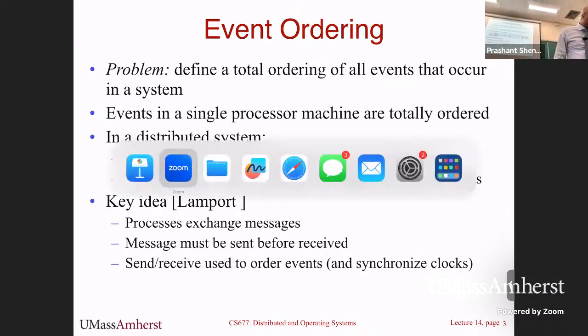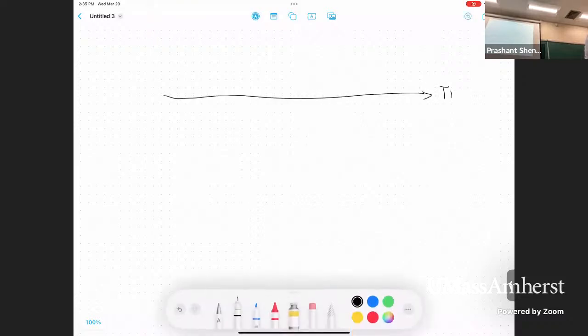Okay, so I'm going to actually draw a picture, hopefully a better one than last time. So here is a timeline. This is, let's say, some process on machine A. This is time, and some application is executing here, and each of those points is some event that you care about.